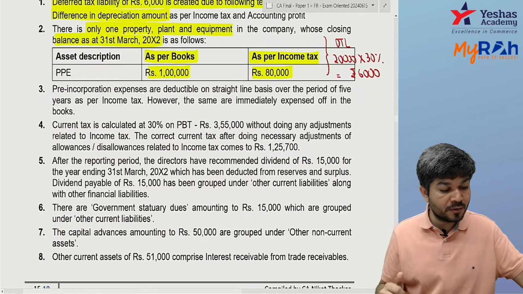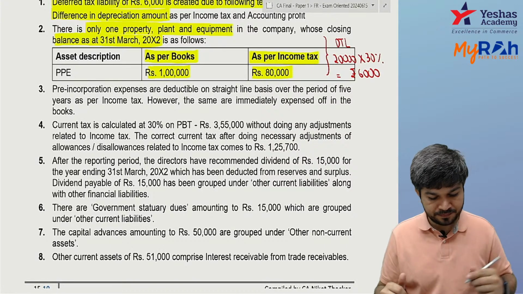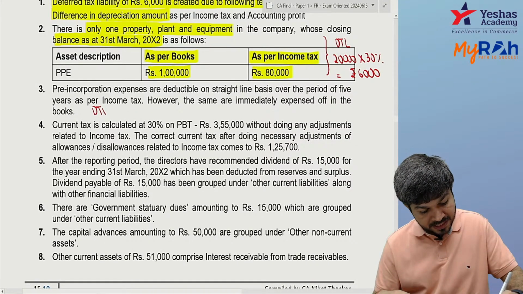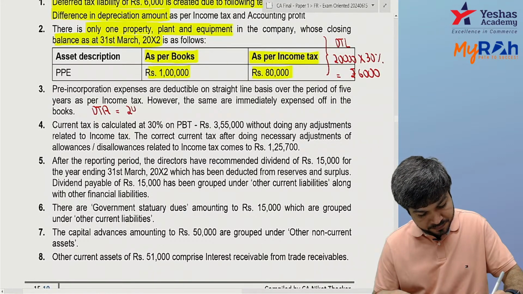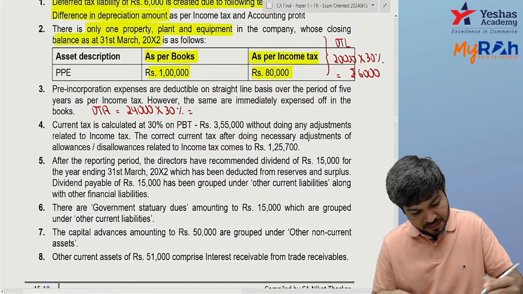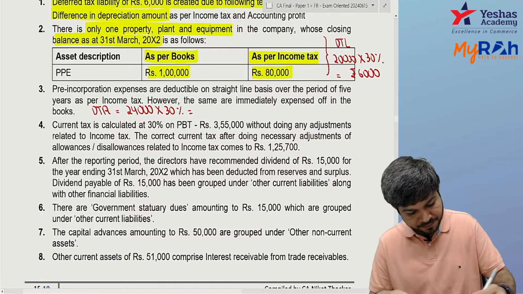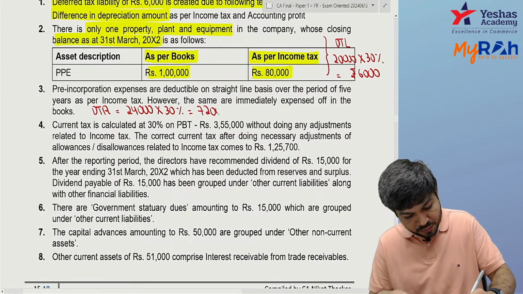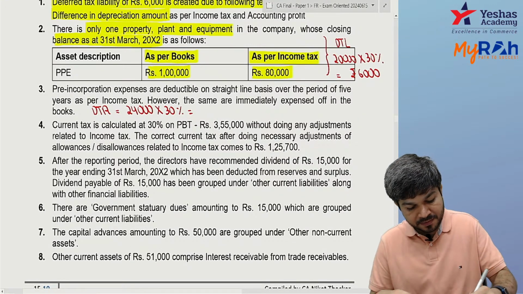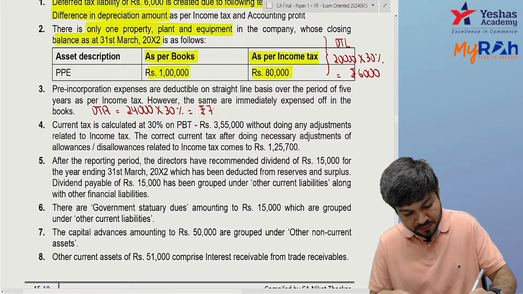So 24,000 into 30%. Can I say DTA is to be created? It is 24,000 into 30%. This will be coming as 7,200. So DTA should come as 7,200. Are you clear?